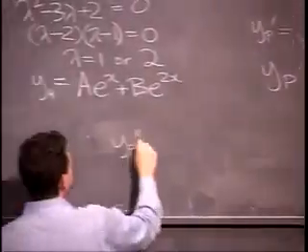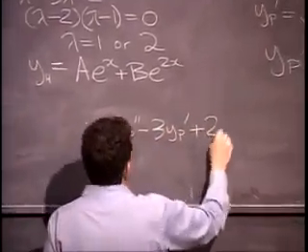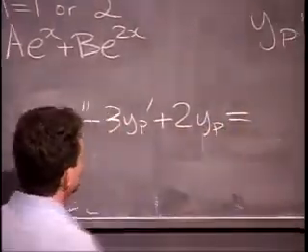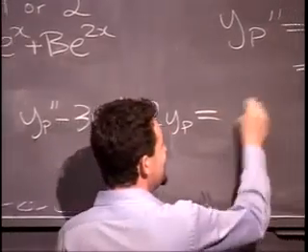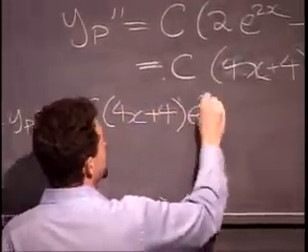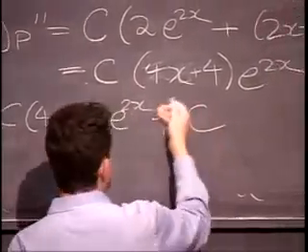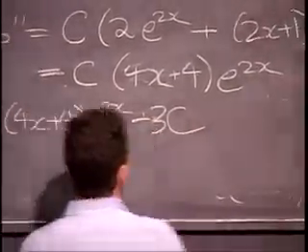Yp double prime minus 3yp prime plus 2yp equals, well, the second derivative is c (4x plus 4) e to the 2x. The first derivative, well, we have to do minus 3 times the first derivative.